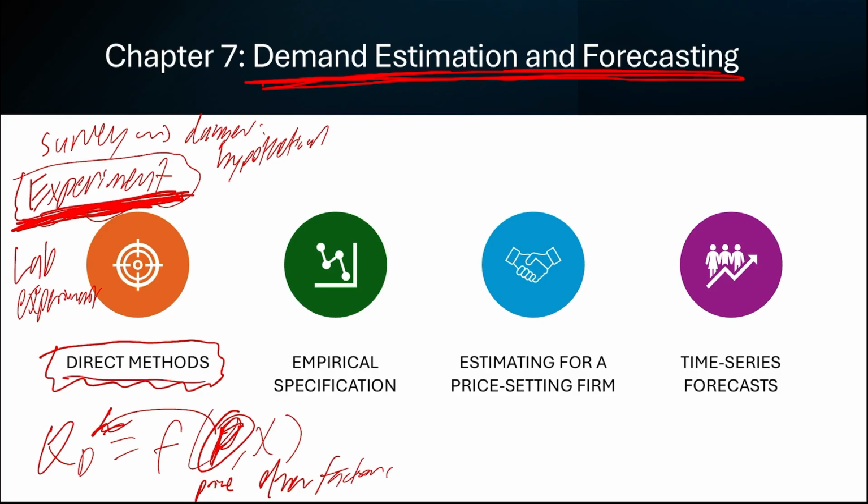Of course, it's not always possible to directly look at estimating demand, so instead we might have to do an empirical specification. So we'll look at linear regression. This is where it's helpful to look back to chapter 4 at some basic statistics for interpreting regressions.